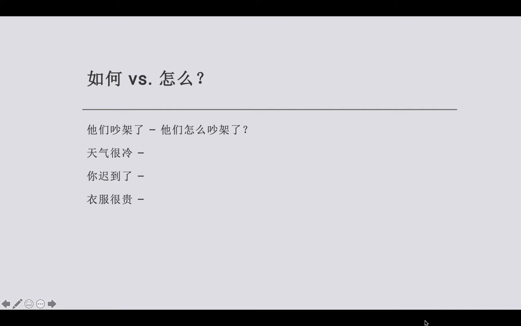But you cannot really ask in the question why the weather is really cold. No, like really here it can be a little bit strange. So you need to change it a little bit. So what word are you going to use to change 很 in the interrogative way? Think about it and compose your own sentence.